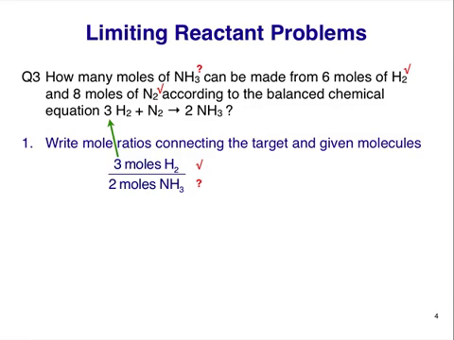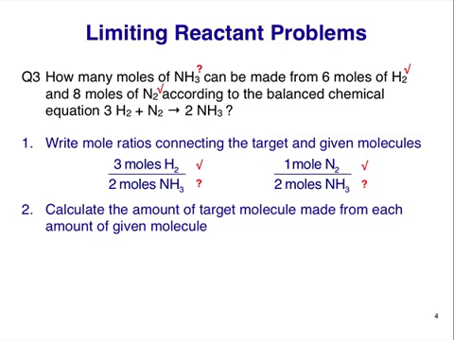This 3 is the coefficient before the H2, and this 2 is the coefficient before the NH3. Here's the second mole ratio, the one involving nitrogen and ammonia. Like before, it contains a given and an unknown. The 1 comes from the coefficient before the N2, and the 2 from the coefficient in front of the NH3.